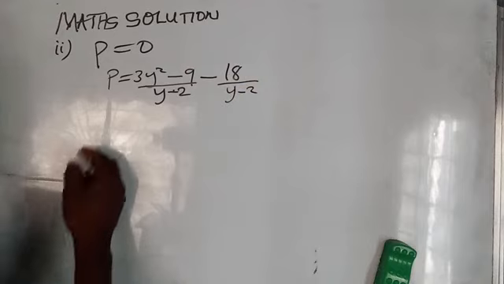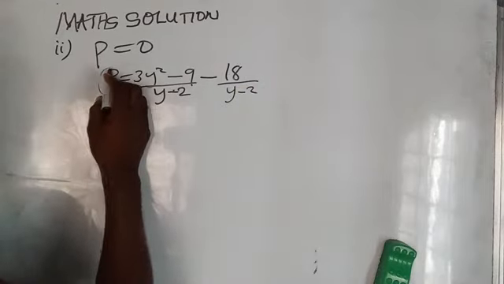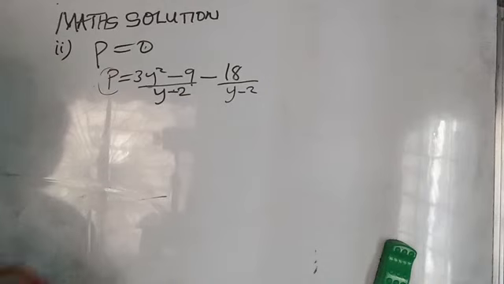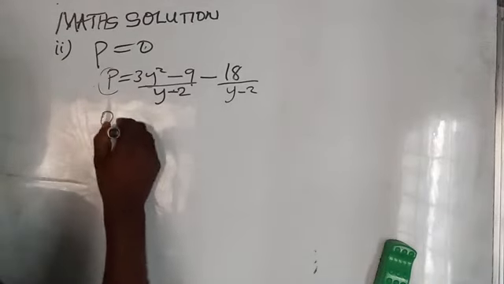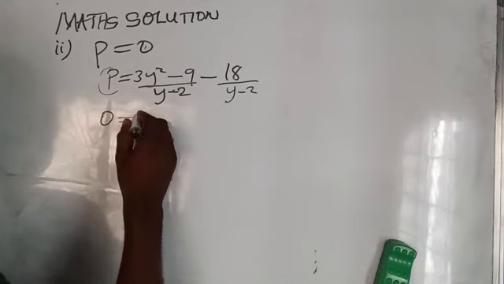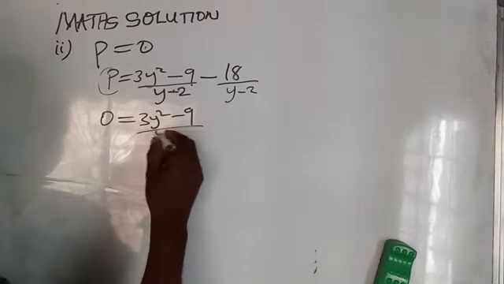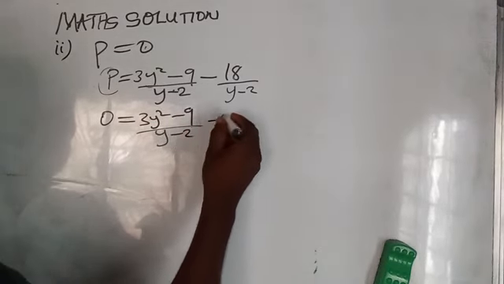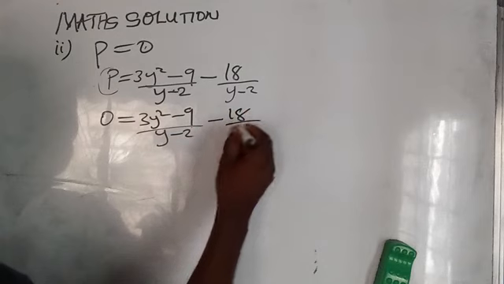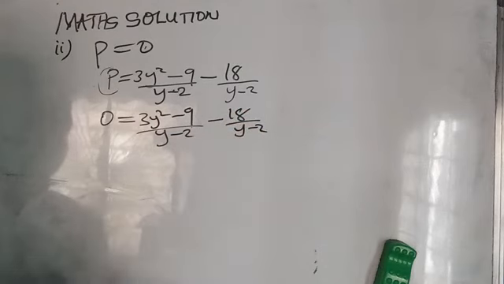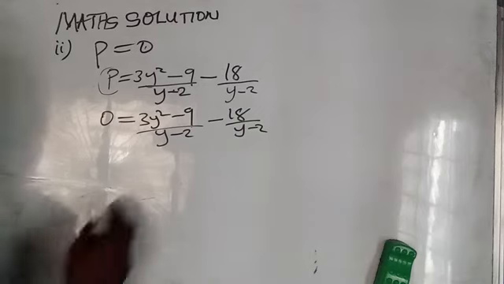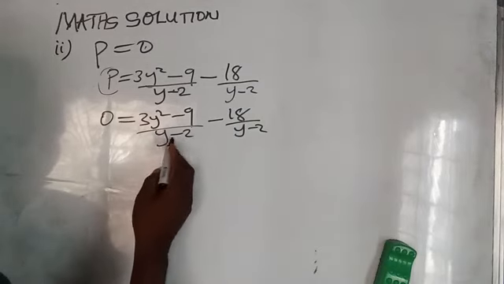Okay, so wherever you see this P now, in position of P, put 0, because the profit made was 0. No profit was made. So then you have 0 equal to 3y squared minus 9 all over y minus 2, minus 18 all over y minus 2.